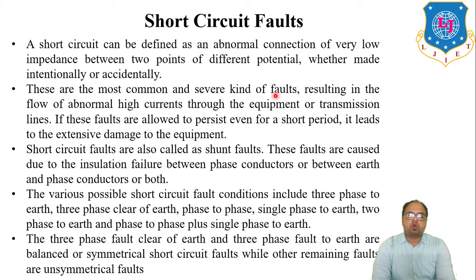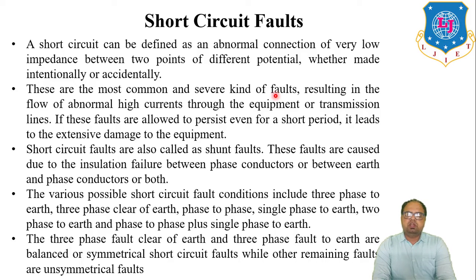These faults are caused by insulation failure between phase conductors, or between the earth and phase conductors, or both. The various possible short circuit fault conditions include 3-phase to earth, 3-phase clear of earth, phase to phase, single phase to earth, 2-phase to earth, and phase to phase plus single phase to earth.